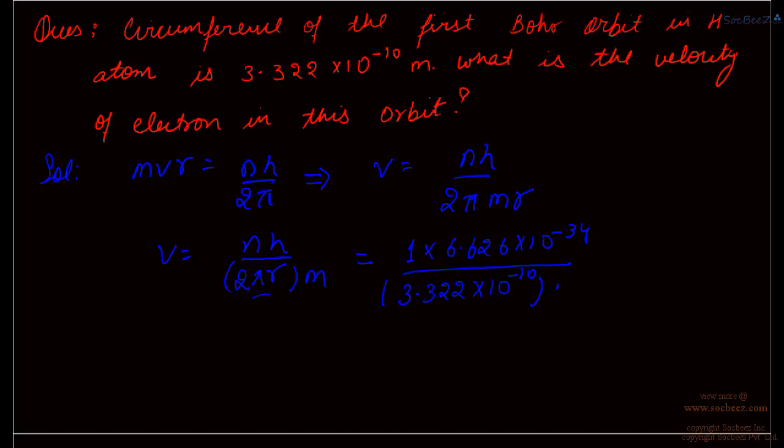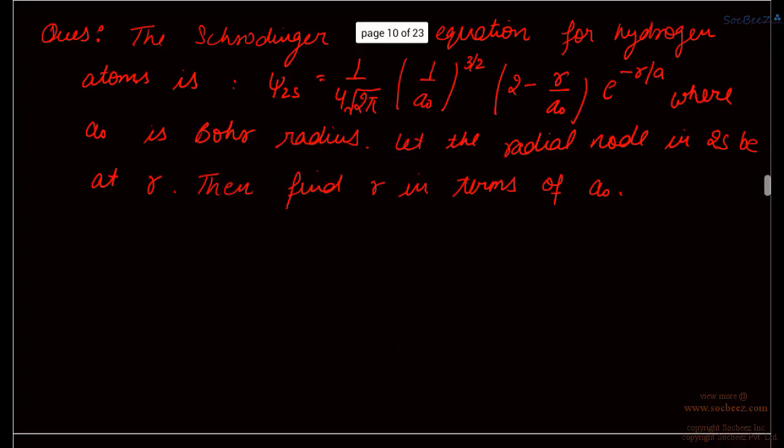And the mass, we know, is 9.1 into 10 raised to the power minus 31 kilograms. If we simplify it further, we get the velocity as 2.19 into 10 raised to the power 6 meter per second. So just remember this technique of how to rearrange formulas to get the required expression.